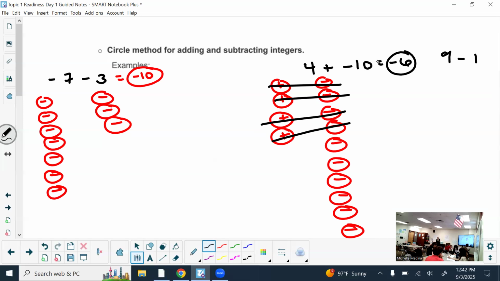9 minus 1, you probably don't need the circle method for that one, but the circle method still works. What's the sign in front of the 9? If it's not written, it's assumed to be positive, so I would put 9 positive bubbles.